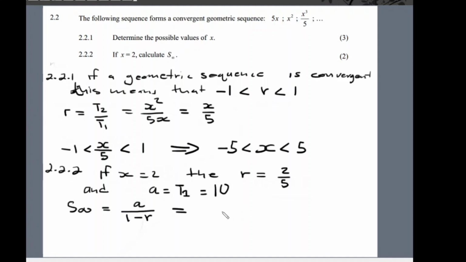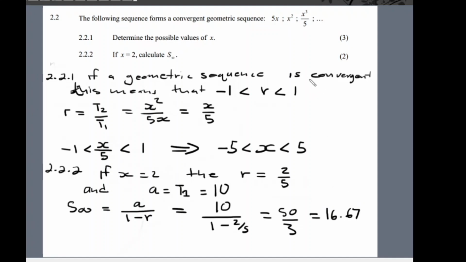This means that the sum to infinity, if x is equal to 2, is going to be 10 over 1 minus 2 over 5, which is equal to 50 over 3, which is equal to 16.67. Yeah, so that is how you do this question.